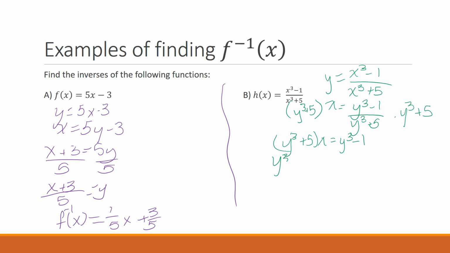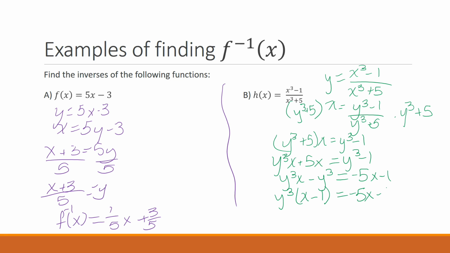I'm going to distribute so that I can deal with each term individually. I'm going to switch these two terms so that I have all the y cubes on one side. Now I can factor out a y cubed, and I can isolate y cubed, and then take the cube root of everything.